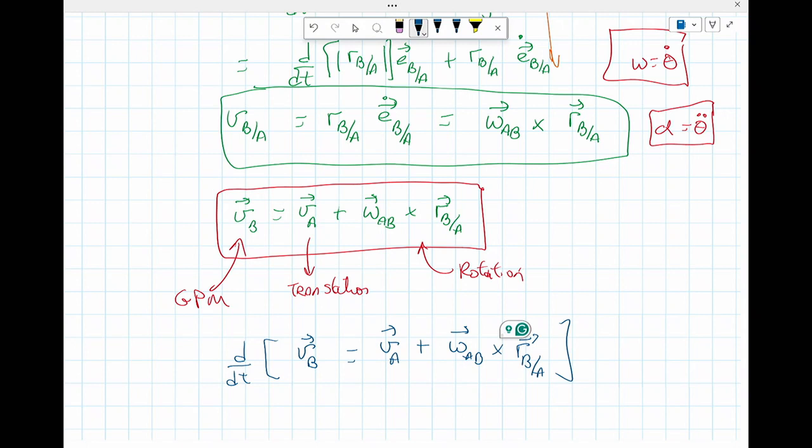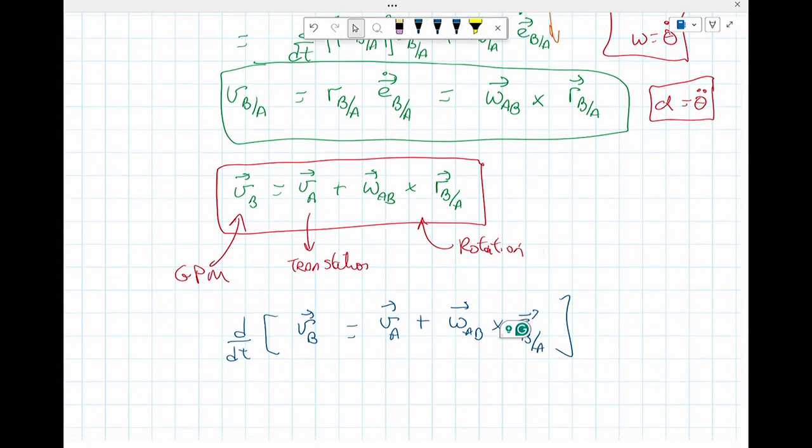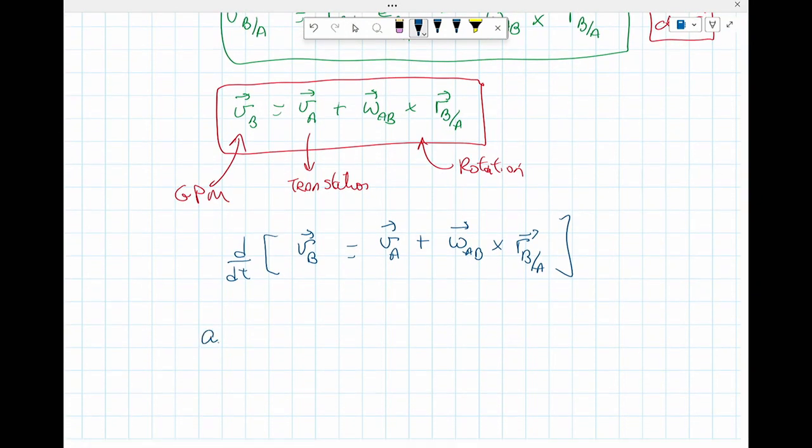If you take the time derivative of velocity, you end up with terms that look familiar: acceleration of B equals acceleration of A, that's easy, plus omega AB dotted with r B with respect to A, plus omega AB cross with r B with respect to A.